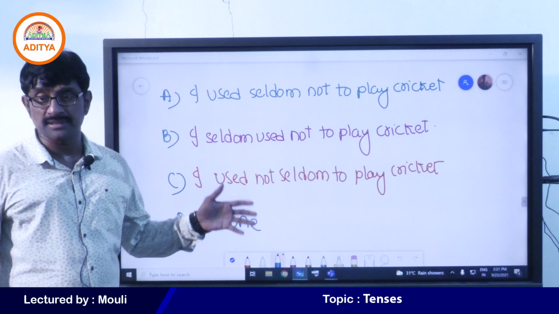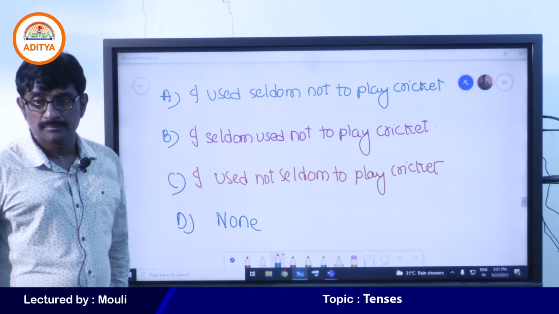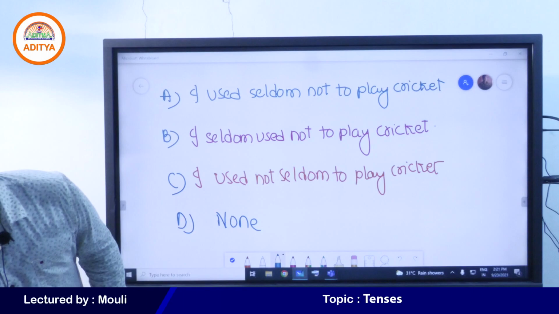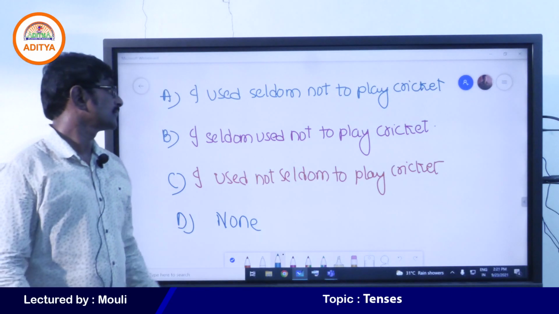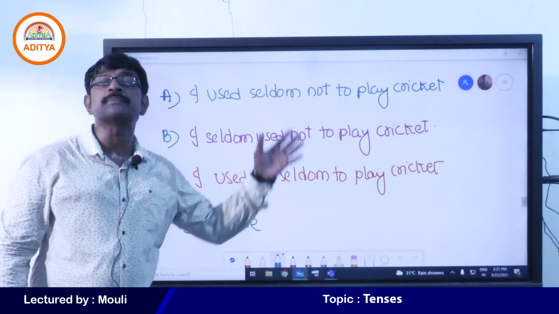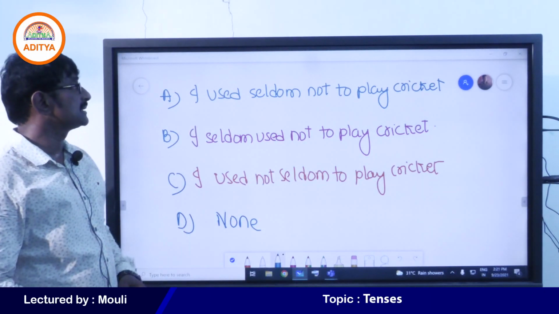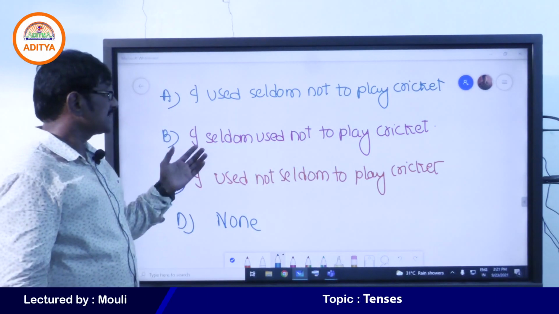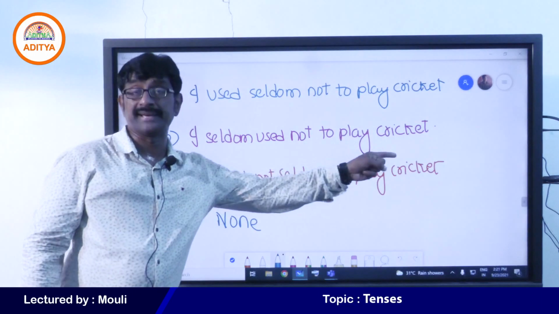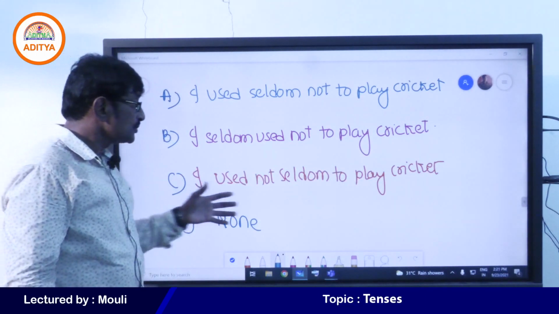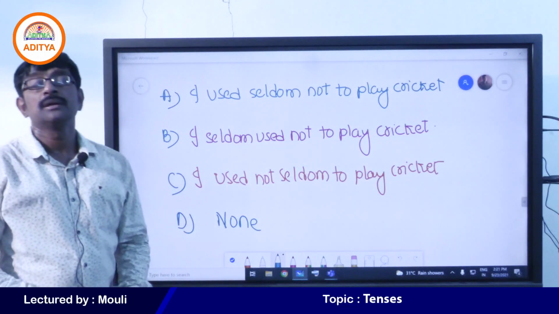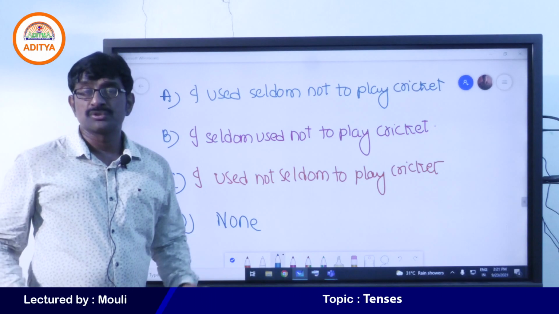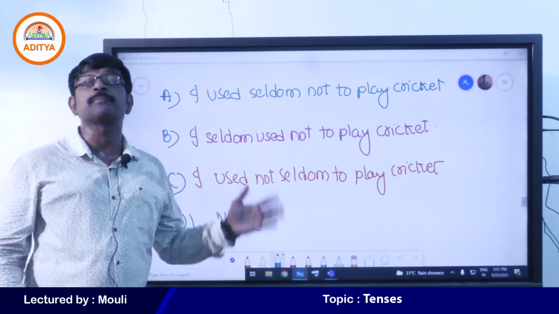Decide the best answer among these 4. So the first one reads, I used seldom not to play cricket. The second one, I seldom used not to play cricket. The third one is, I used not seldom to play cricket. The fourth one is none. So which is your best choice among these 4?